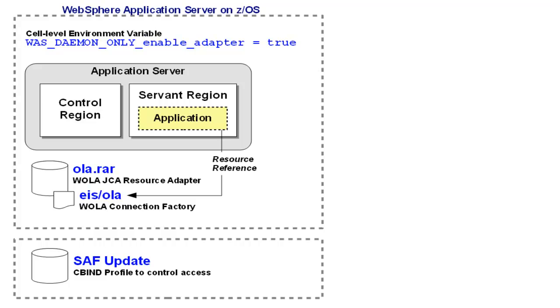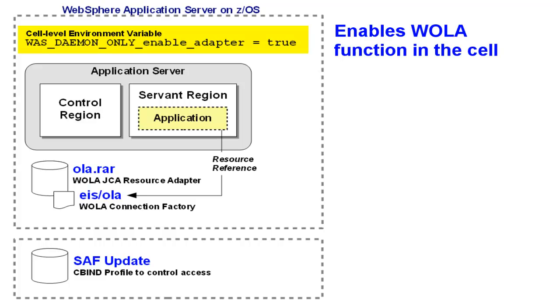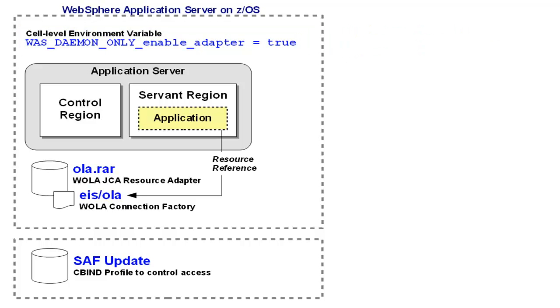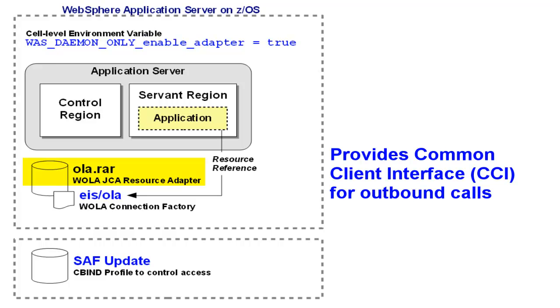Before we show WOLA in action, let's take a quick review of our environment, and we'll start on the WebSphere side. In WebSphere, we have a cell-level environment variable set that enables the overall WOLA function. We have a JCA resource adapter installed that comes with WOLA. It's called ola.rar, and it acts like any other JCA resource adapter.